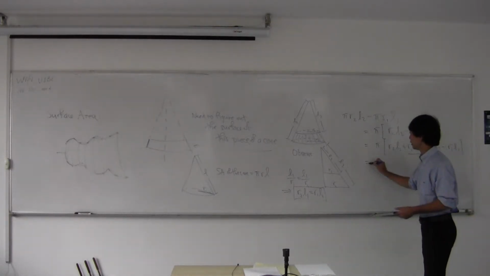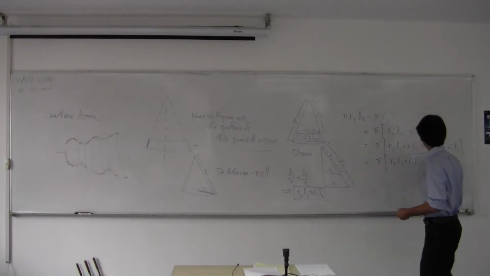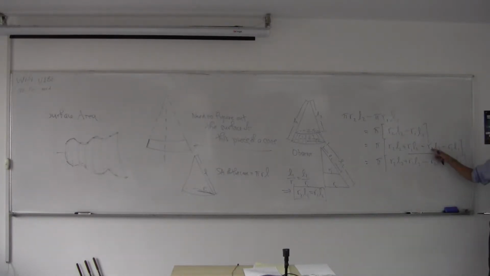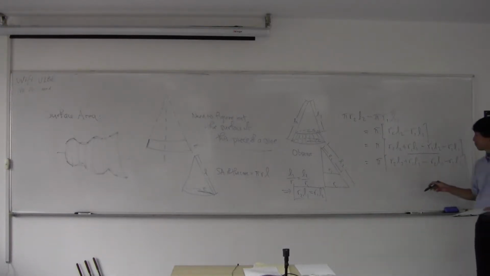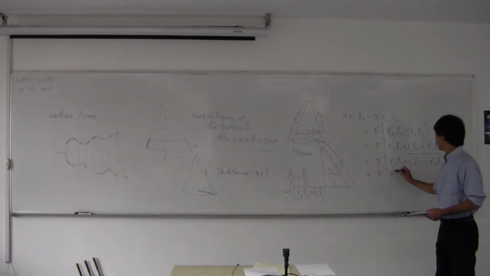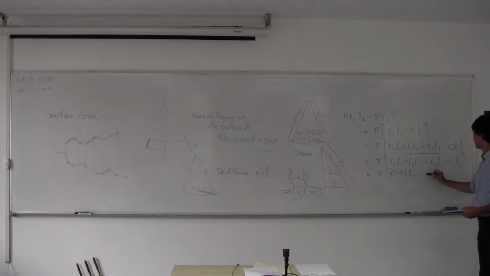And then I'm going to use the observation here to rewrite R2L2 plus R1L2 minus R2L1 minus R1L1. So R1L2 is R2L1 from the observation. And then you notice that this is R1 plus R2 times L2, and this is R1 plus R2 times L1.